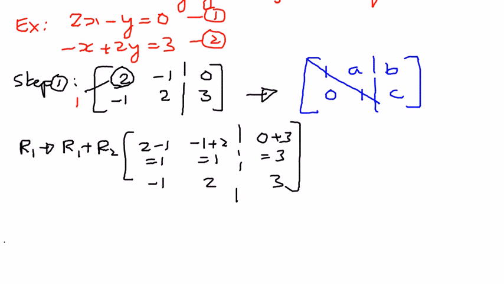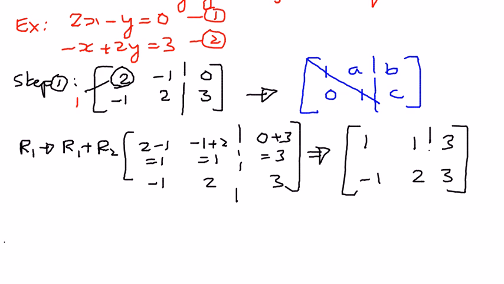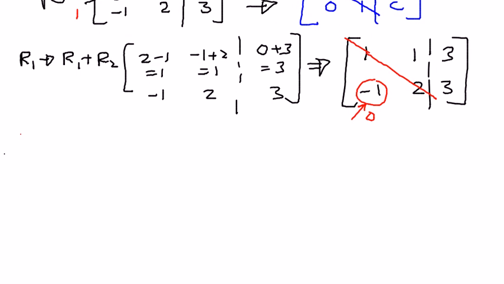Now let us write this in a clean manner. So this is what we have: 1, 1, 3, -1, 2, and 3. We will always come back, draw this major diagonal, and see where we are on the finish line. We wanted a 1 in the first row, first column. We've achieved that. Now as a second step, we want to get a 0 in that location, and to arrive at that, we'll do the following row operation.